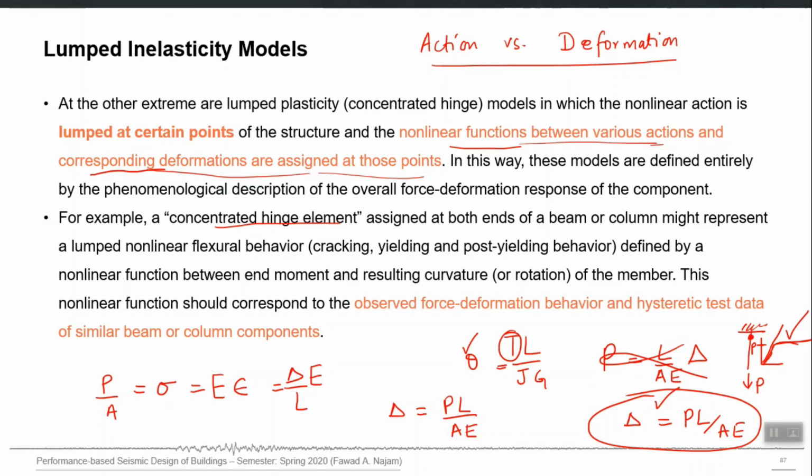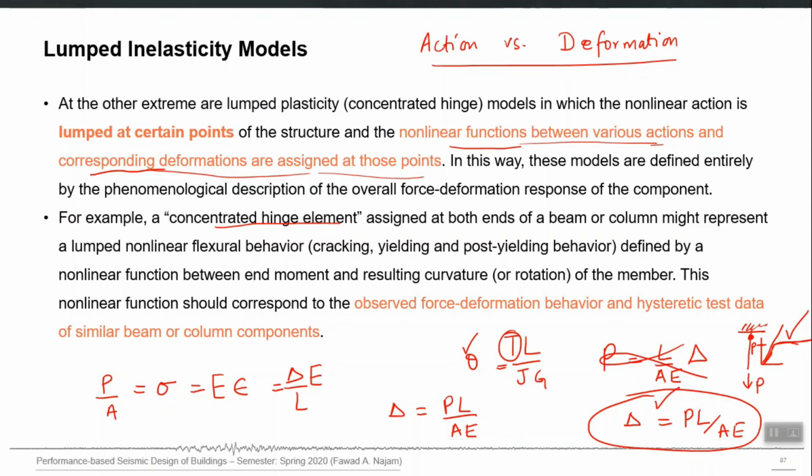And then there are several international guidelines and documents which guide us about these nonlinear action deformation behaviors, right? So there are several sources from where we get this information, but this is the key information in nonlinear modeling. Including a hinge element at a particular location is just a one step process, simply a practical thing to do.